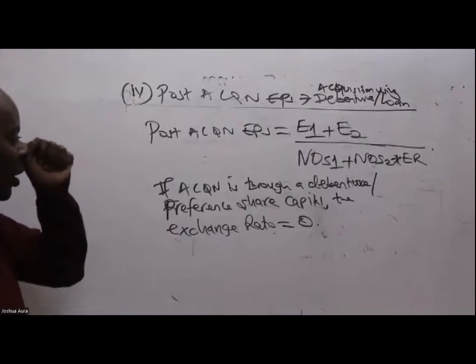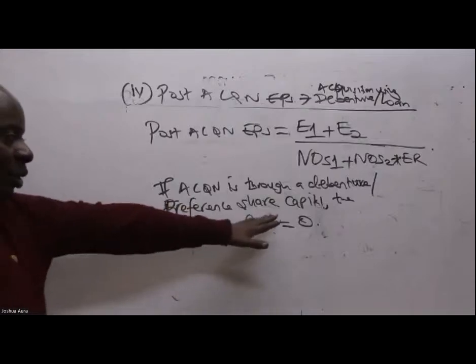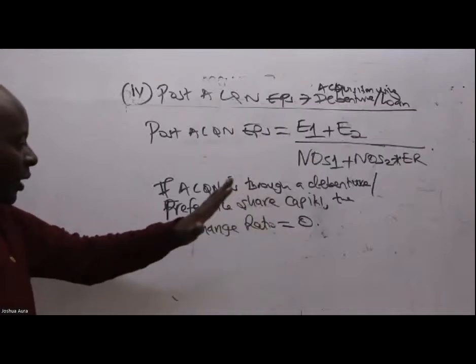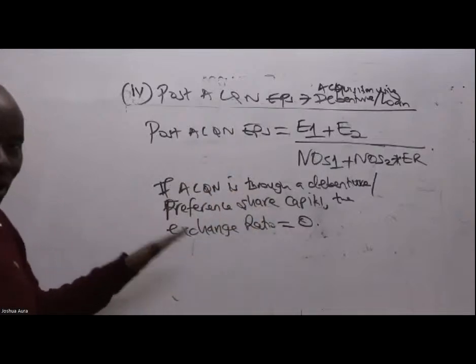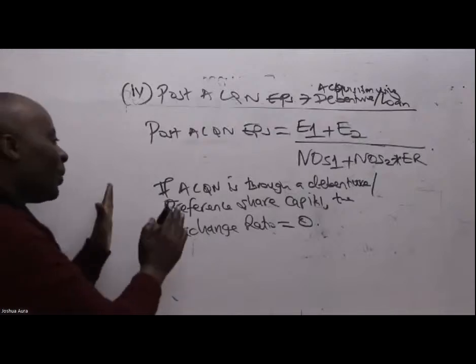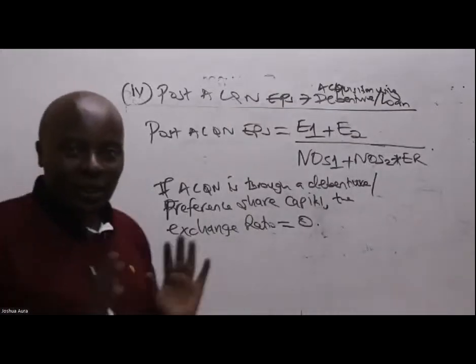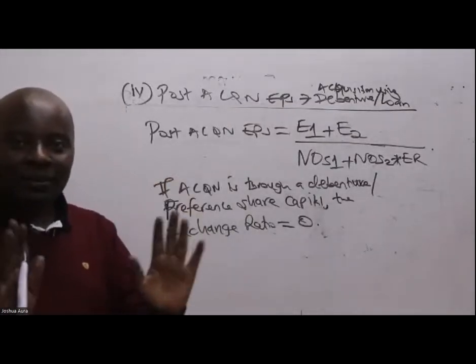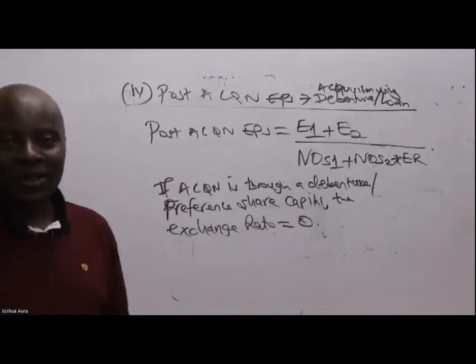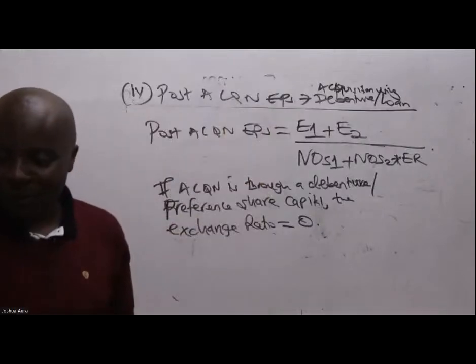So if acquisition is through a debenture or preference share capital, the exchange ratio shall be equal to 0. Has somebody been able to highlight this with a yellow highlighter? I'm so particular about yellow highlighters.